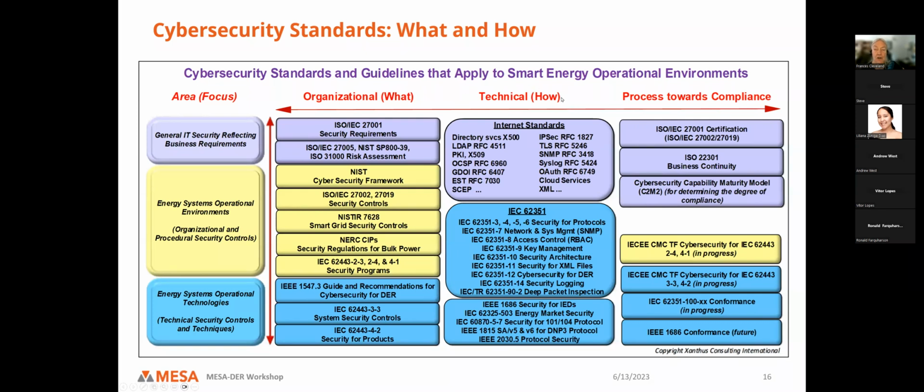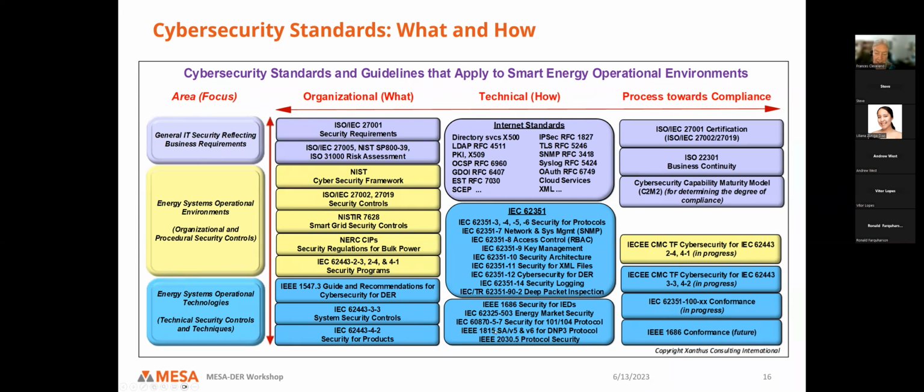There are then technical how standards, and the internet has plenty of these that you could use. There's also IEC 62351, which provides a lot of how standards. How do you do key management? How do you do access control, etc. And then there are additional some IEEE standards, some other IEC standards for providing how to do it.